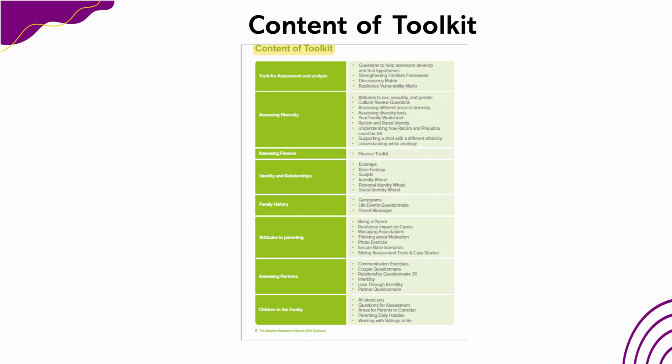Very good use of tools to help people report easily in relation to adoption and what their motivation is and how they are working, what considerations they've made, which is hugely important.